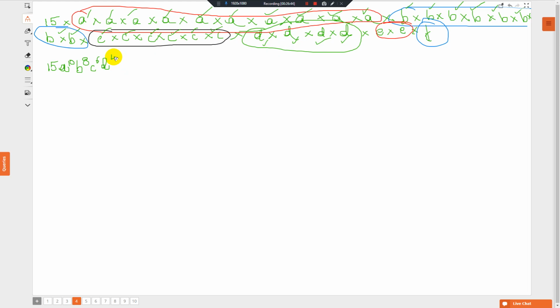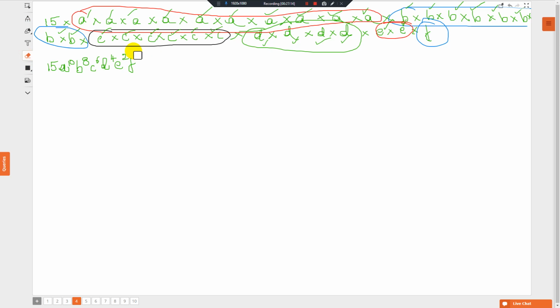So put 4. Now in our fifth group, which letter is used here? E. How many times? 2 times. So 2. Now in the last, we have a last letter which is F. So how many times? Is it 1 time? Yes. So we are going to write 1.